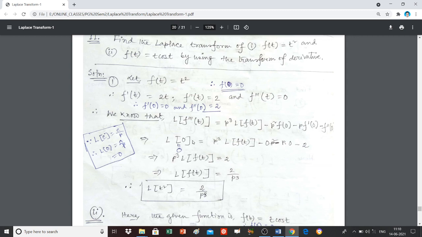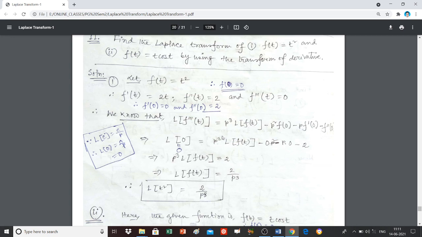Now just use t equal to 0 in this expression. Here f triple prime t is equal to 0, as we have computed. So the Laplace transform of f triple prime t means the Laplace transform of 0.